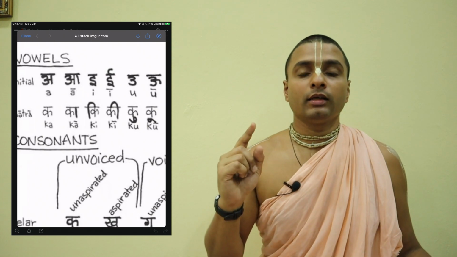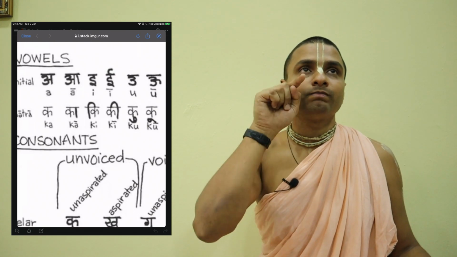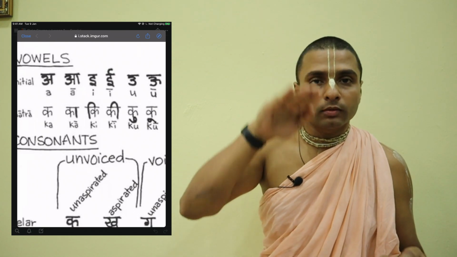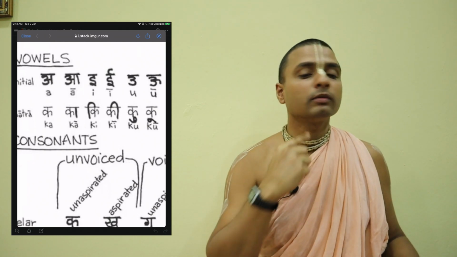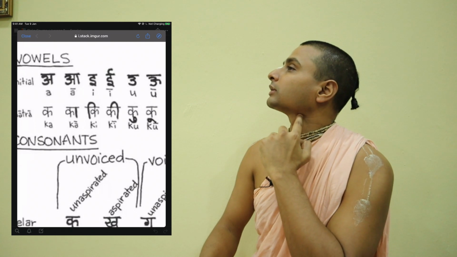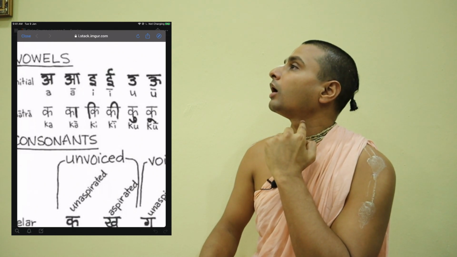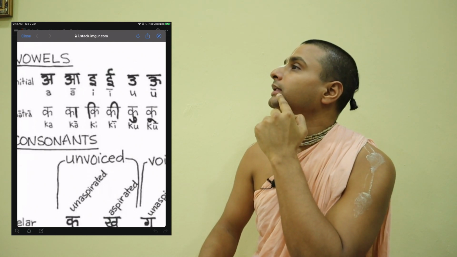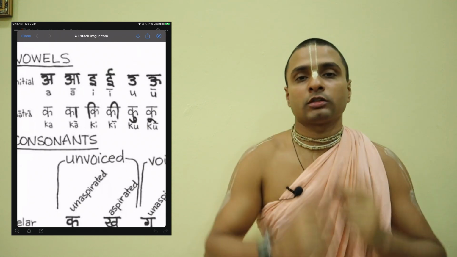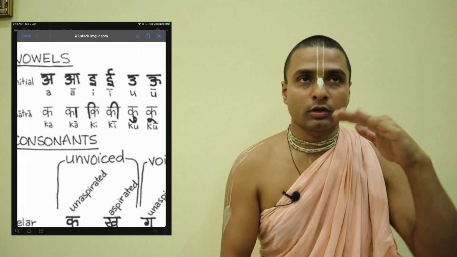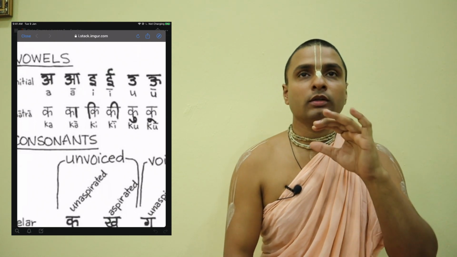Then I is when the tongue is almost touching the top. Now you can see the sound has transferred from here to here. I, right here, when the tongue touches. Vowels are always when the sound is not stopped.